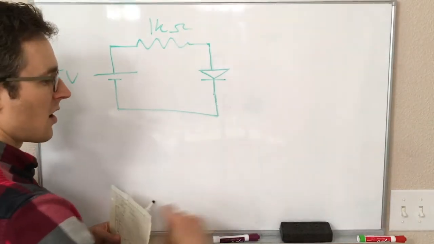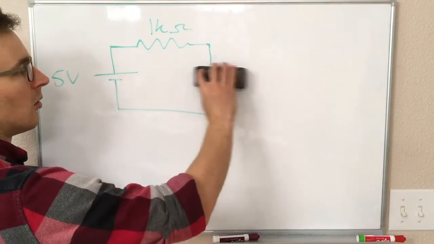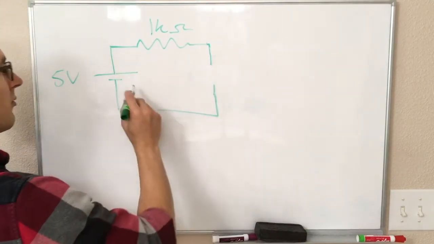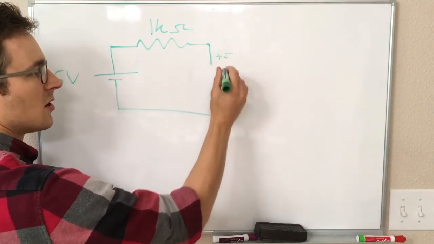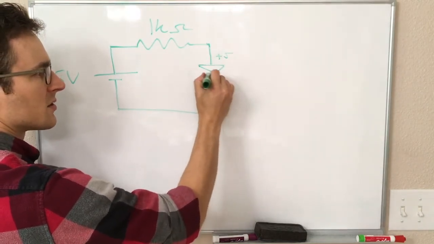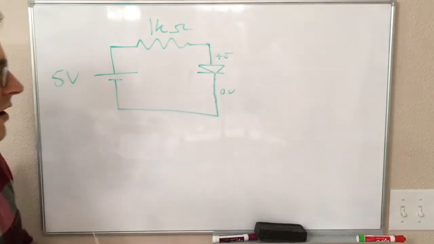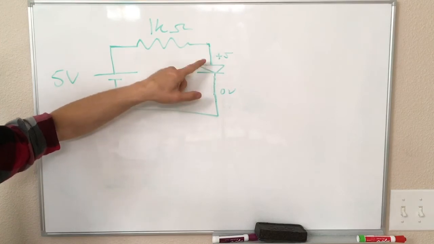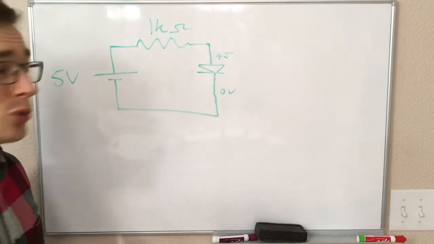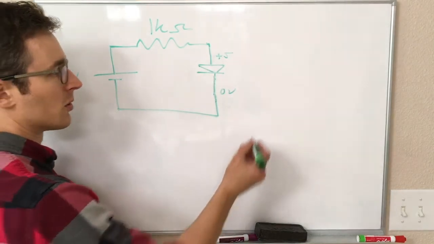if we assume the diode is off and replace it with a hole in the circuit, we still have 0 current flowing. We still have this at 0.5 volts and this at 0 volts, but that doesn't make sense with our diode, right? We're not allowed to have 0.5 volts over here and 0 volts over here because our diode can only have a drop of up to 0.7 volts across it in this forward direction, right?